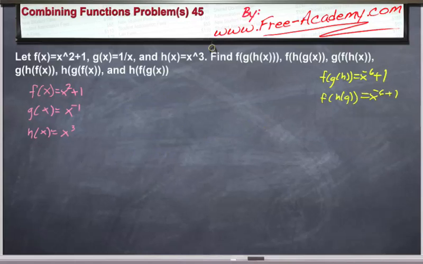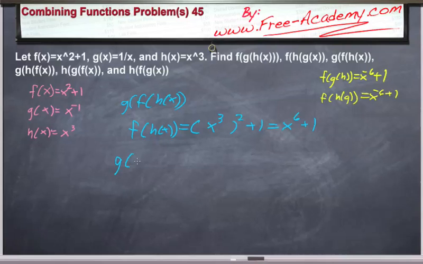Let me change my color here really quick, and we'll find g of f of h of x. Step 1, find f of h of x. So we write out the equation for f of x, and we put h of x into our parentheses. And this will give us x to the 6th plus 1.